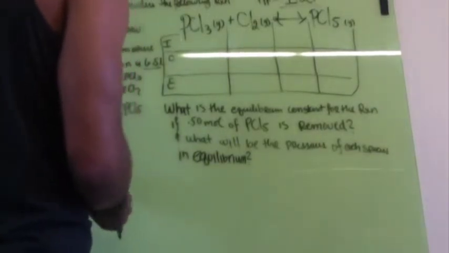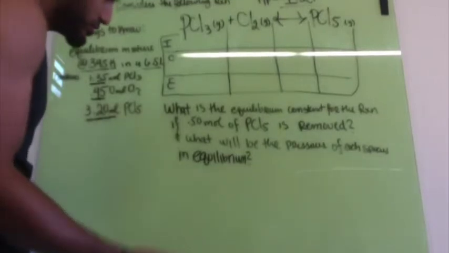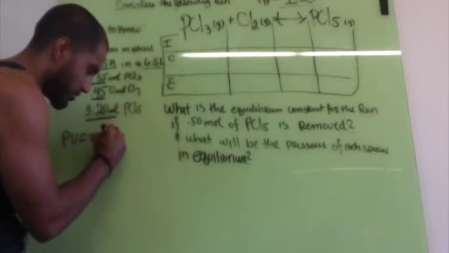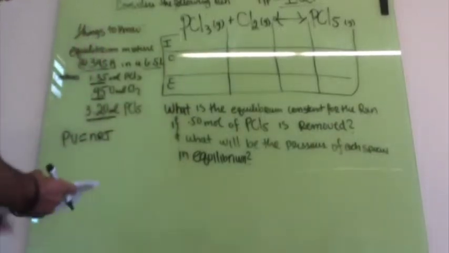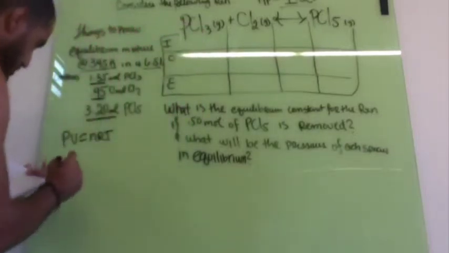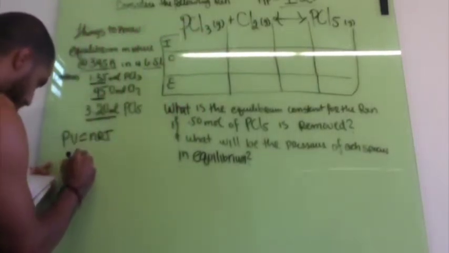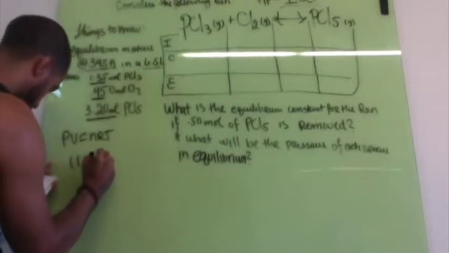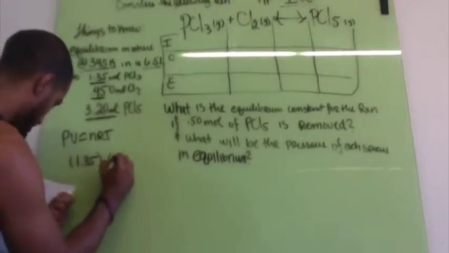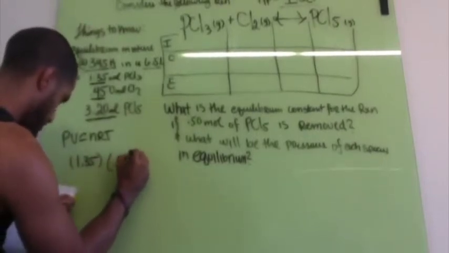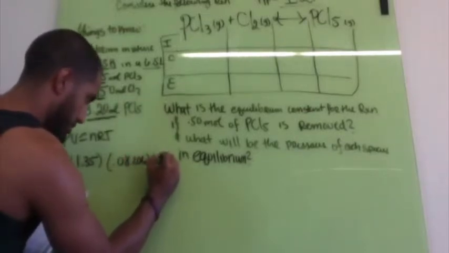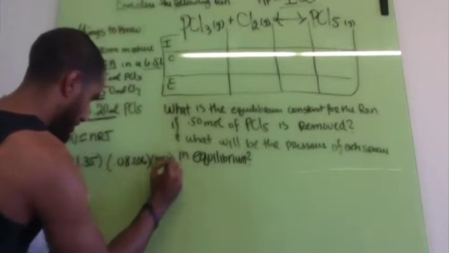the pressures. So, in order to do that, we're going to have to use our good old friend PV equals nRT. And let's start off with the first species. So for PCl3, we have 1.35 times our R, which is a constant, which will be given to you in most exams, 345 Kelvin.